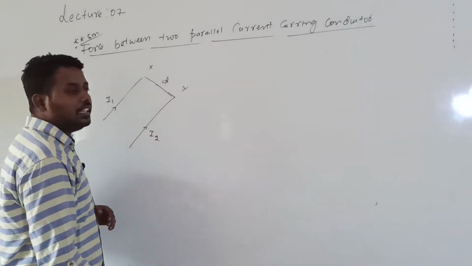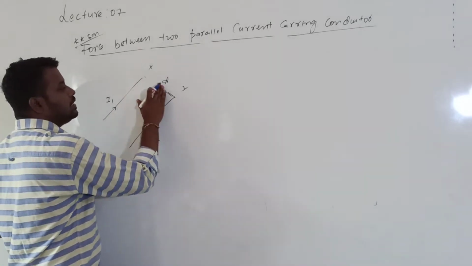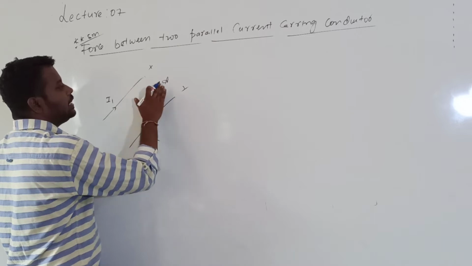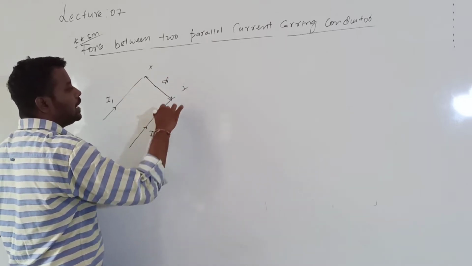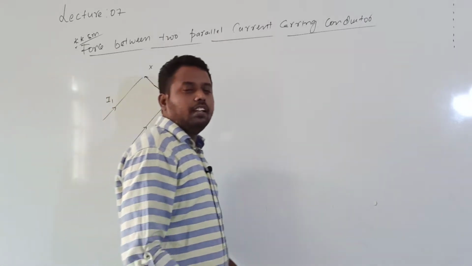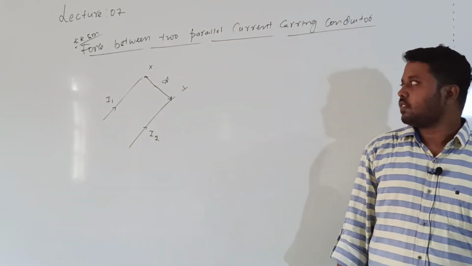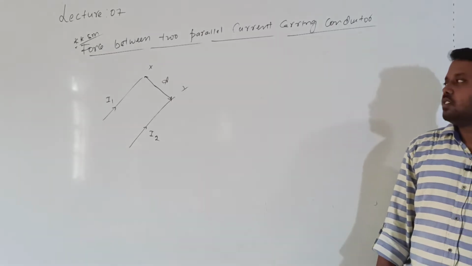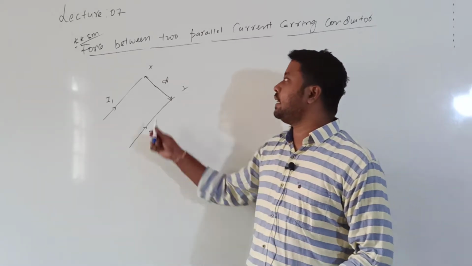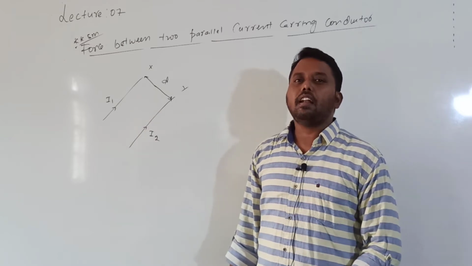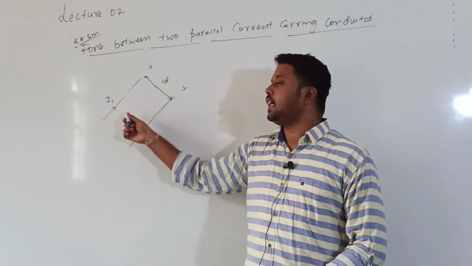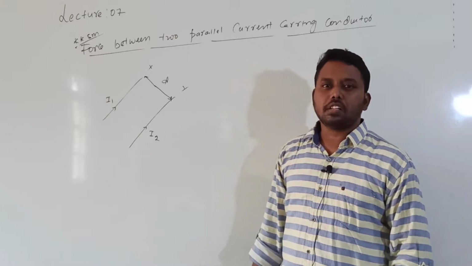Let us imagine that initially both the conductors carry the current in the same direction. It is not compulsory that every time the conductors should carry current in the same direction. So two parallel current carrying conductors X and Y separated by a distance d in air or vacuum, carrying currents I1 and I2 in the same direction.